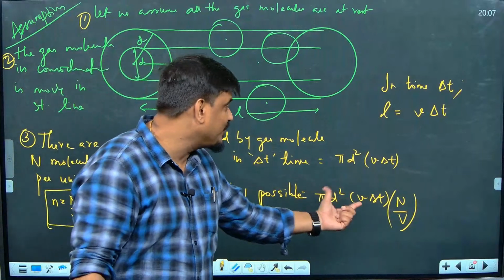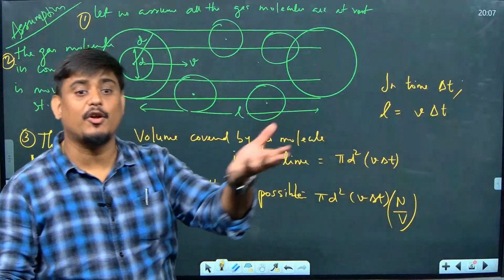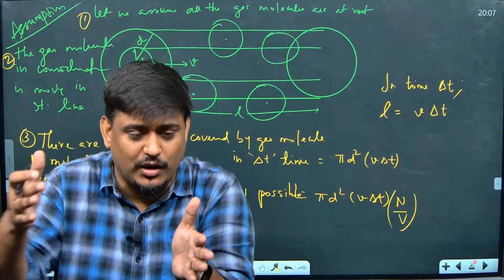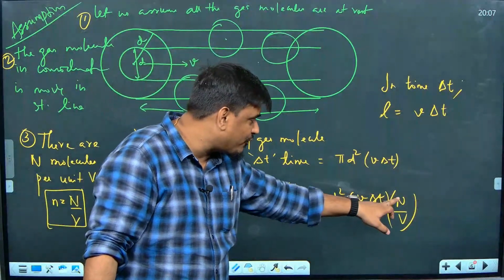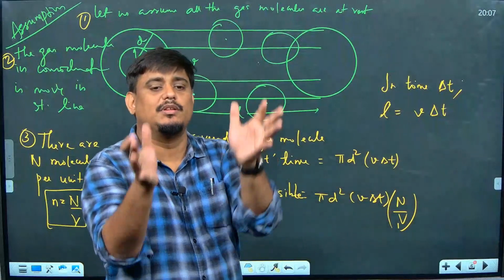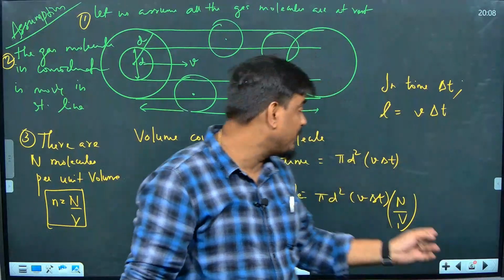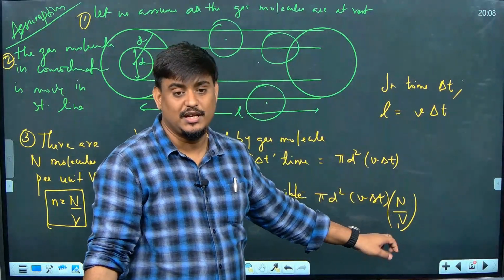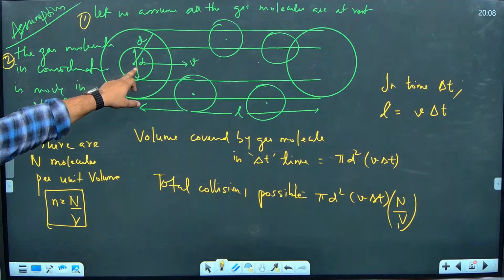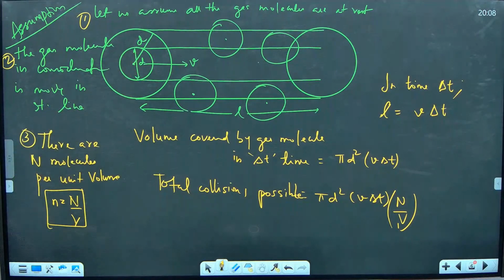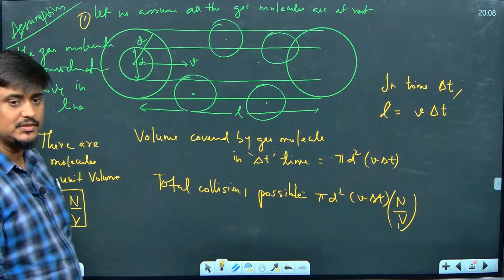In 1 meter cube, 1000 particles can be there; in 2 meter cube, 2000 particles can be there accordingly. So this is number of particles per unit volume, and this is the volume covered by this particle alone. Summation of all the volumes. Okay.